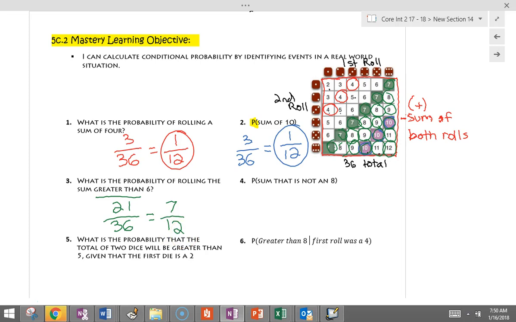Number 4, the probability that you get a sum that is not an 8. Sorry, I couldn't read that for some reason. So sum that is not an 8. Okay. The easiest way to do this, instead of thinking about how many sums are not 8, I'm just going to count my 8s. 1, 2, 3, 4, 5. So I have 36 total, minus 5 8s.